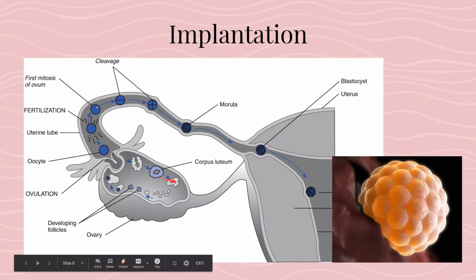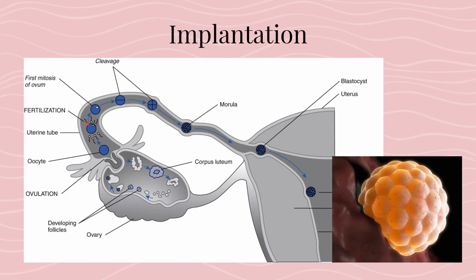And so here's just what you would expect for implantation. Again, about day 2 or day 3 after ovulation, this is when fertilization occurs. Then the cells divide, and they have to implant in a certain location.